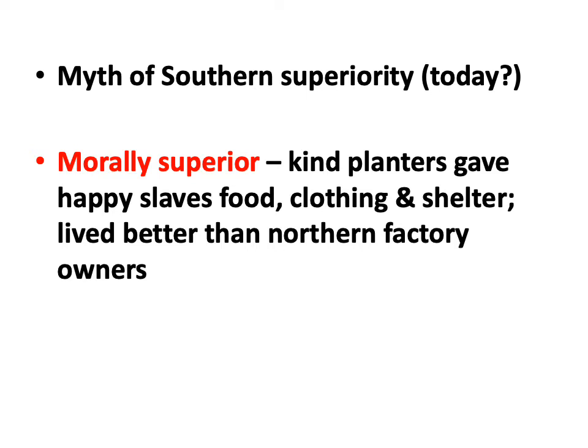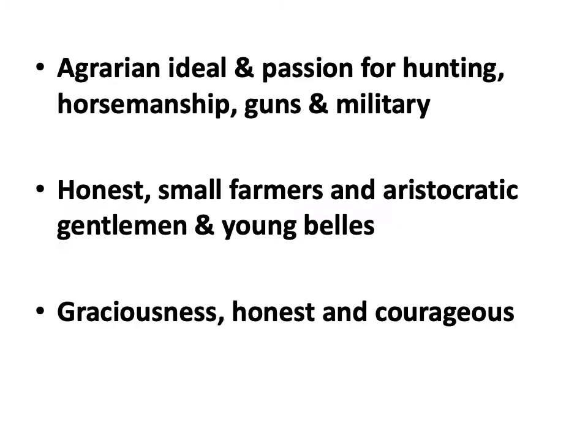But what grew up was the sense that it's not fair for Northerners to criticize Southerners because Northerners are ruthless with their own workers. Southerners also believed in the ideal of an agricultural society.